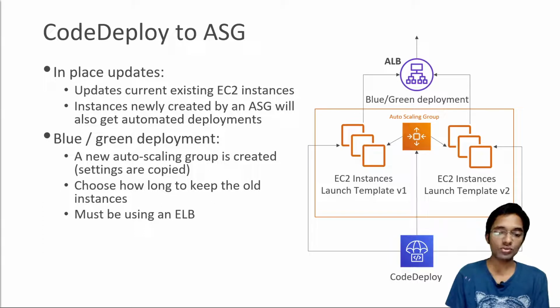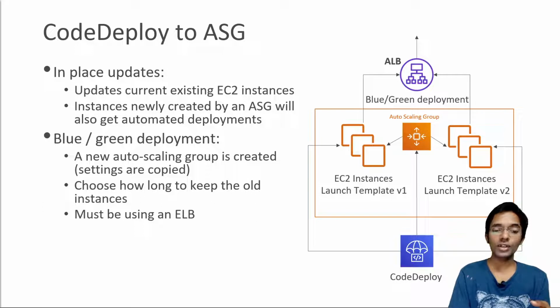But as soon as we initiate the deployment for getting into version 2, we are getting into a blue-green deployment, and EC2 instances are going to be created in another auto scaling group. In this example, I just put it under the same name, and it doesn't really matter.